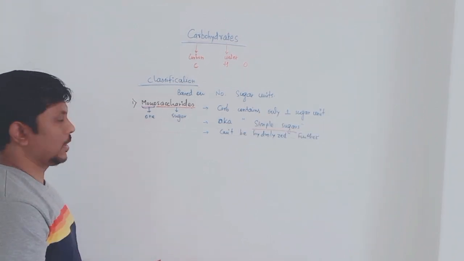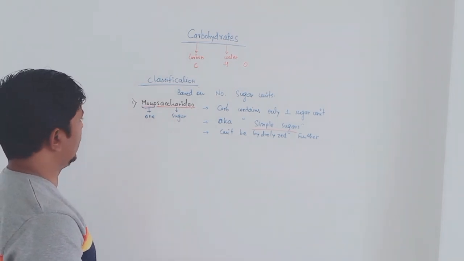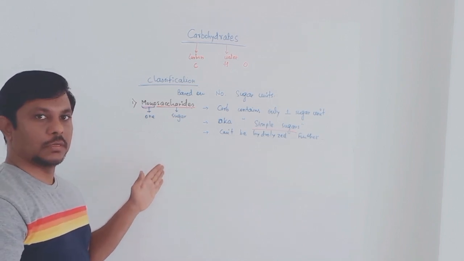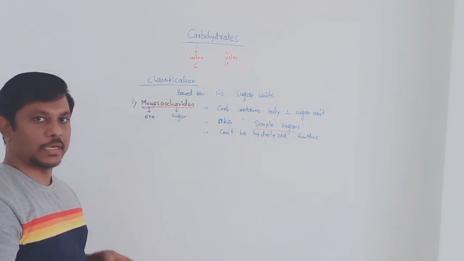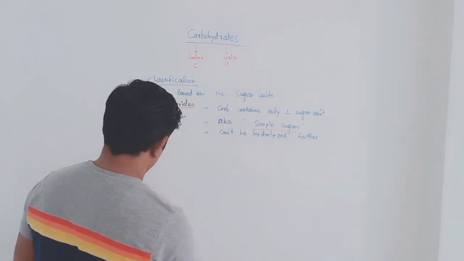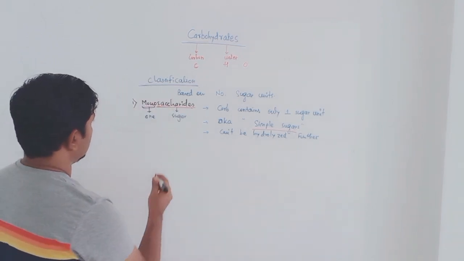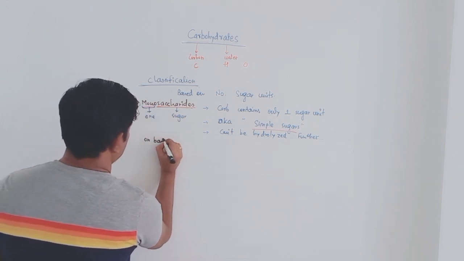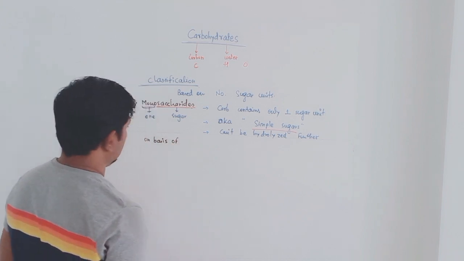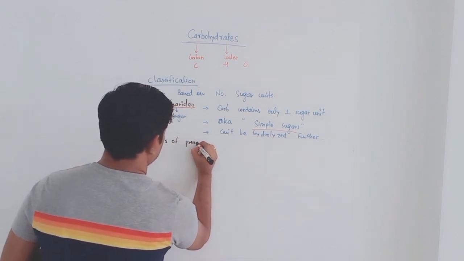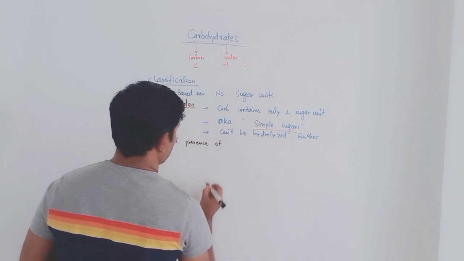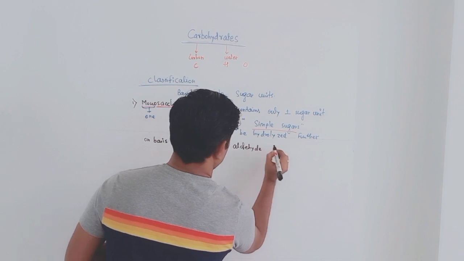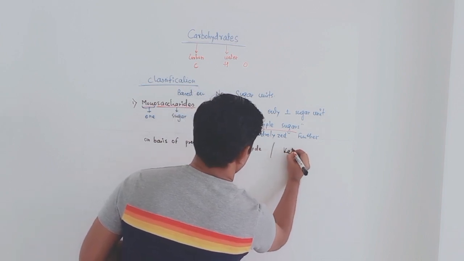Carbohydrates are the polyhydroxy derivatives of aldehyde and ketone. So we can classify these monosaccharides again on the basis of the presence of aldehyde group or ketone group.